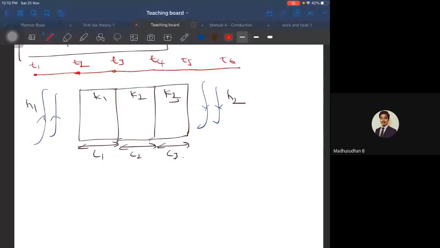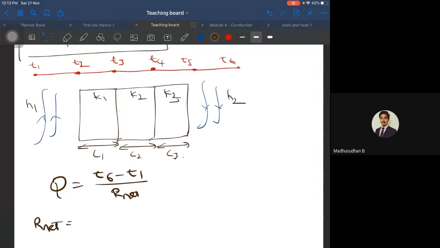In this, I want to calculate the value of Q. I'm supposed to do T6 minus T1 divided by the resistance offered by the 5 sections, T6 minus T1 divided by R net. Can I write this R net directly?